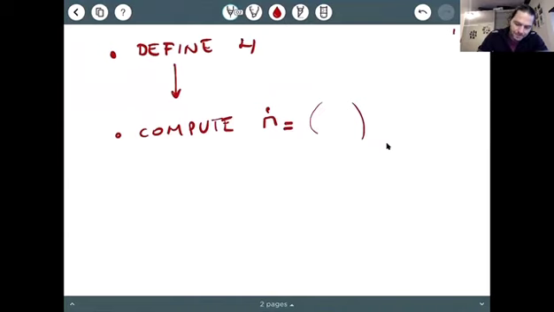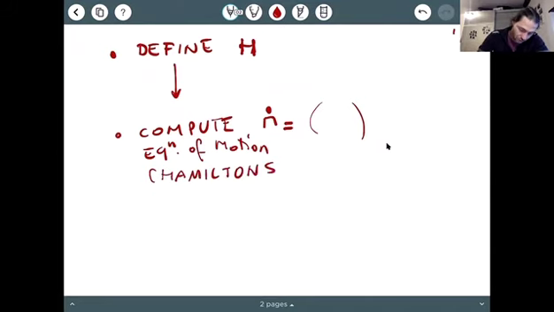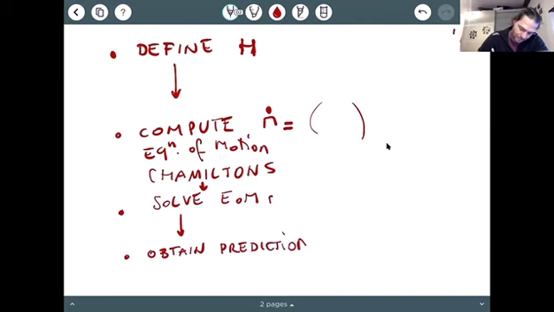So we have to define H, compute the equations of motion, which are Hamilton's equations, solve the equations of motion, work out and use the solution to obtain predictions of experimentally observable quantities.